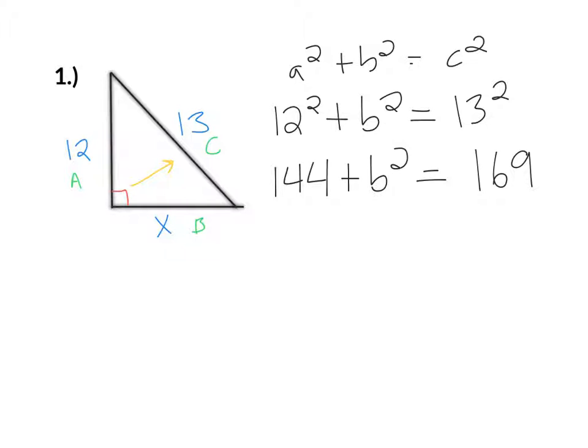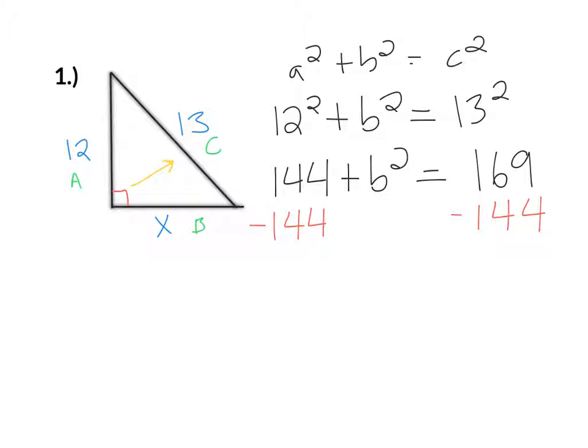So the big thing here that we need to understand is we now need to get b squared by itself. And if we remember how to do this from equation solving, we know that we can take the opposite and put it on each side.